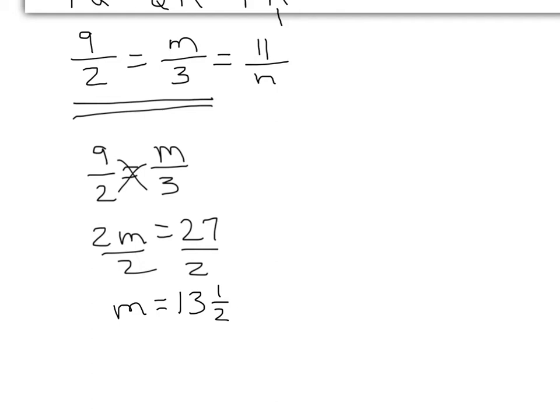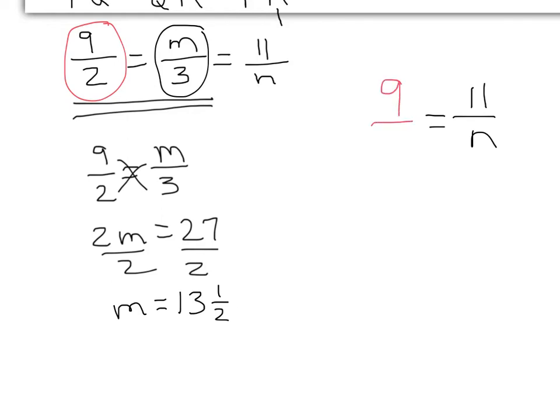Now, we need to solve for n, and we know that we have a ratio of 11 over n, but we need to set that equal to something. I know what m is now, so I'm sort of tempted to use this, but I'd rather go back and use what I started with. I had 9/2. I like that one better. Let's go back and use the original ratio where we know both the numerator and the denominator. And that gives us our proportion that we can solve.